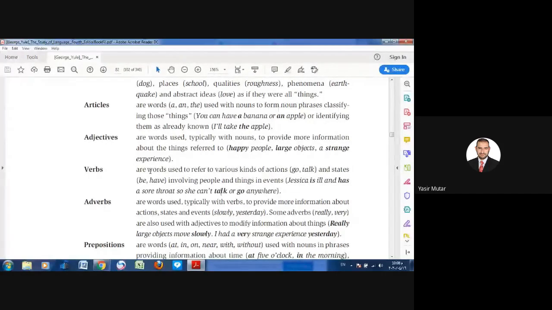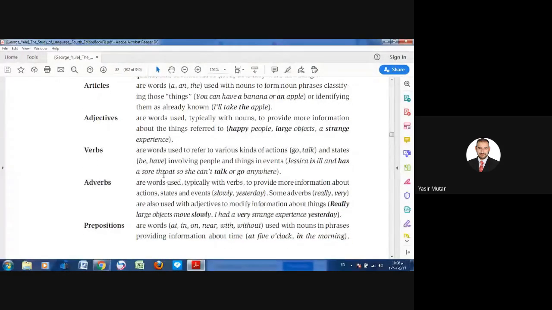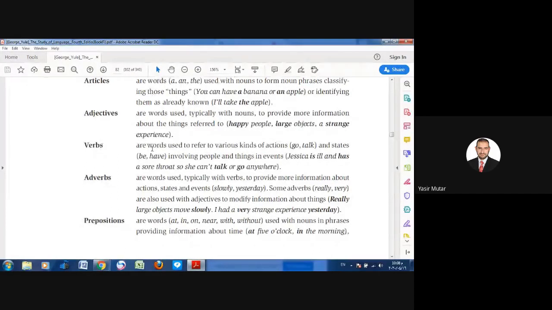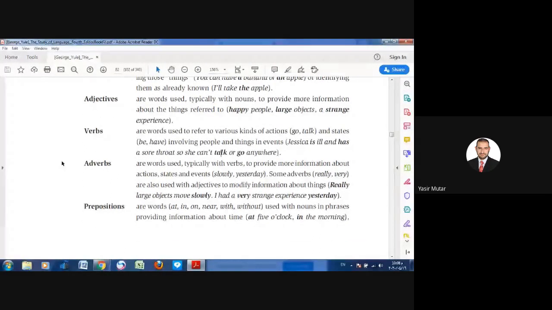Okay, adverbs. What are adverbs? Words used typically with verbs to provide more information about actions, states, and events. So they provide information regarding those things.